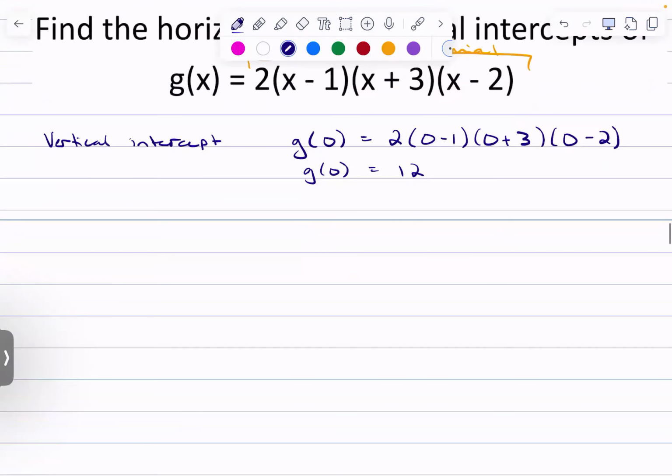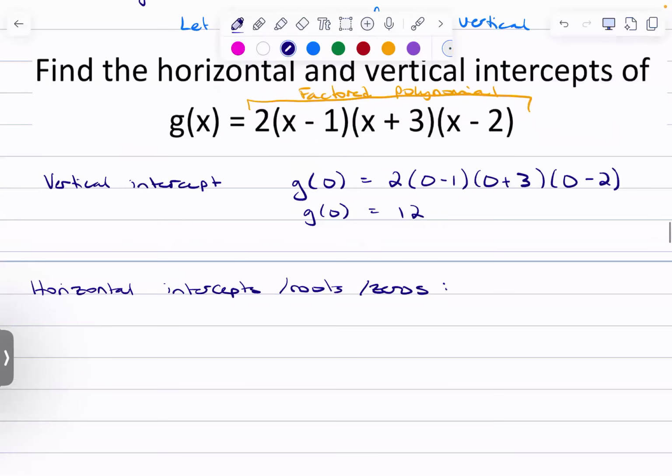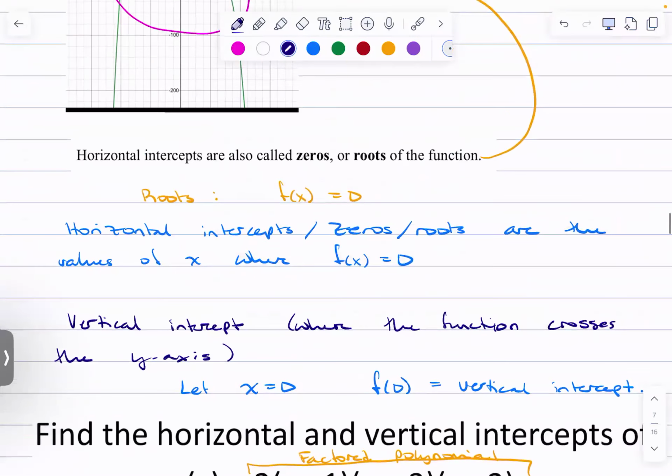What about the horizontal intercepts? Horizontal intercepts, or the roots, if you prefer, or the zeros. I gotta stop writing out all the different options, but I think horizontal intercepts might be nice. The horizontal intercepts, we said, are the values of x where the output becomes 0, right?